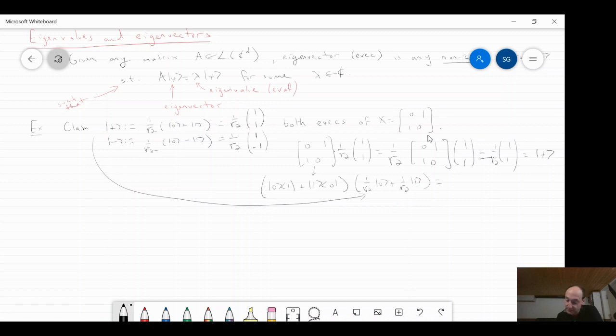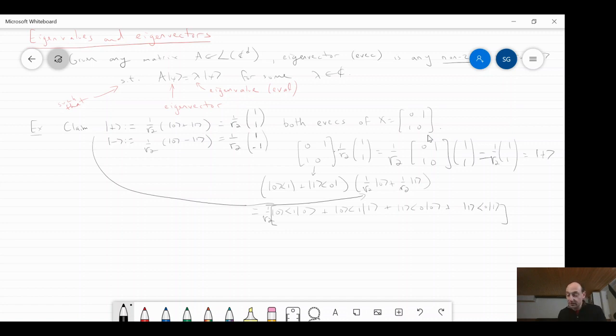And what will you get? Everything will have a 1 over root 2, so I'll just put it in brackets to make life easy. The first term is 0, 1, 0, the second term is 0, 1, 1, and then the third term will be 1, 0, 0, plus 1, 0, 1.